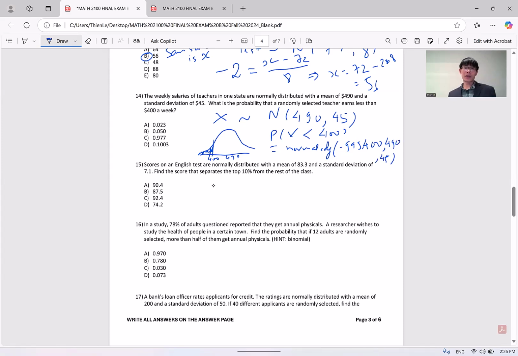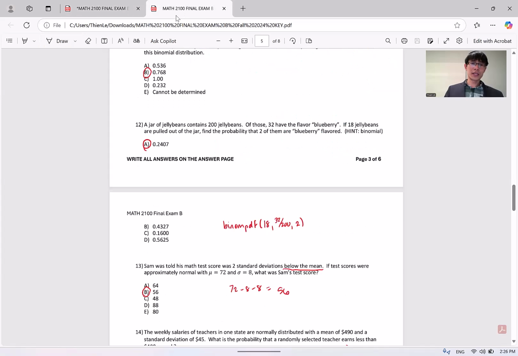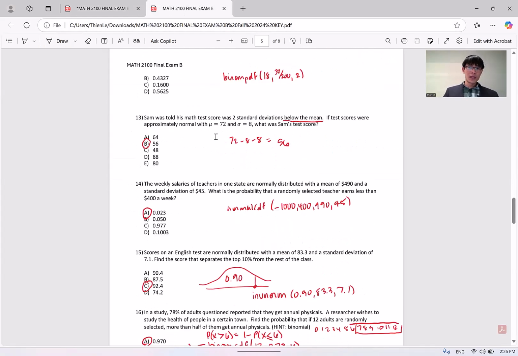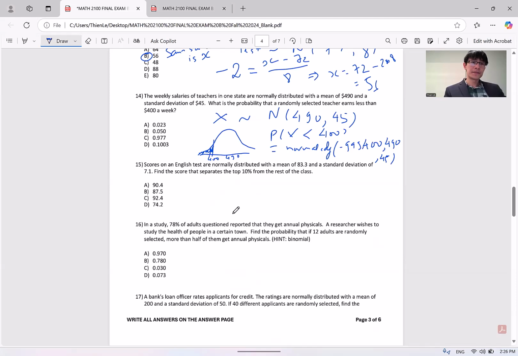If you plug this into your calculator, second distribution, normal CDF, you should be able to get the correct probability. In this case, they put a negative 1000, but it doesn't matter, it won't affect much. The answer is 0.023.